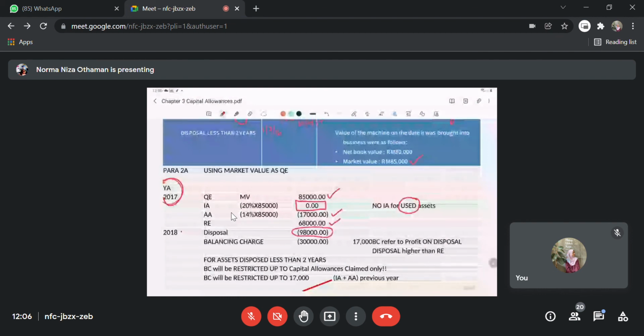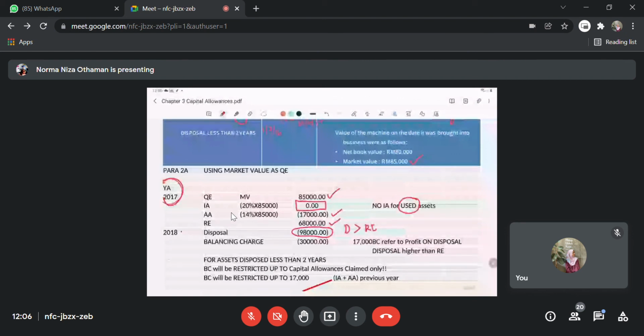Okay. So now let us look, guys, at RE and the disposal price. Is the disposal price more than or less than RE? More than, meaning it was sold at a price higher than its value, its carrying value. So in this situation, the disposal is higher than RE.